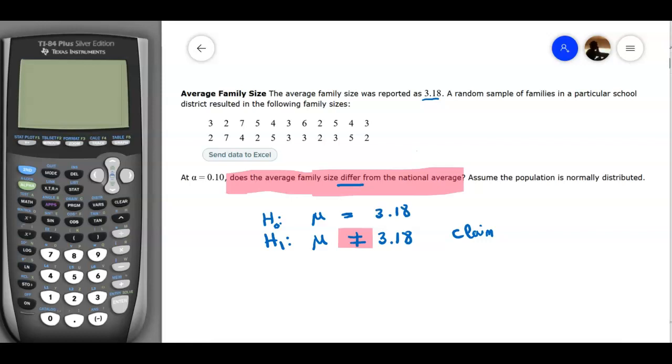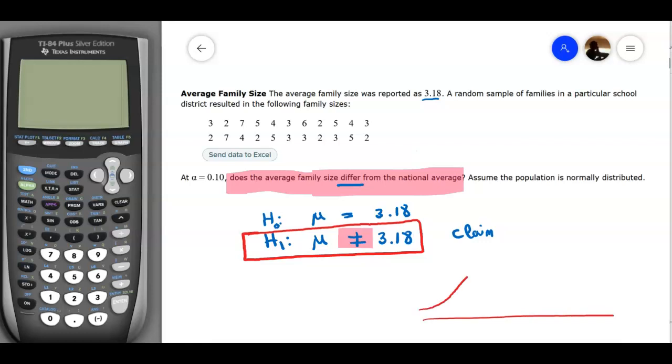Now, in order to figure out whether it's one-tailed or two-tailed, we need to graph this statement, which is H1. All right. And the way to graph it, this is a bell shape. And as you notice here, I am not going to say whether it's a z-axis or a t-axis.